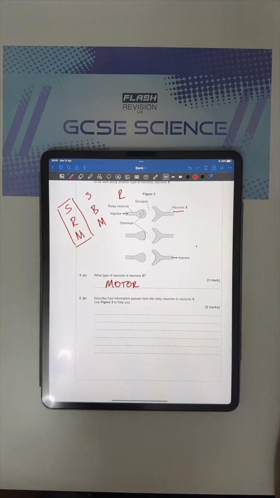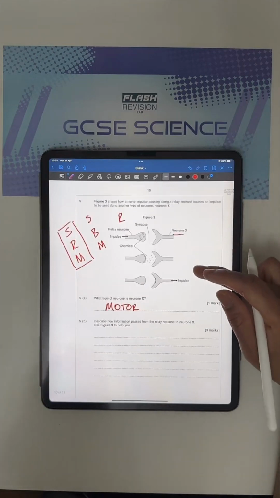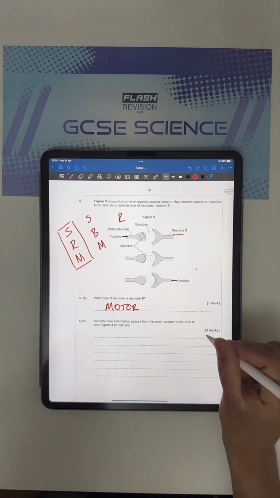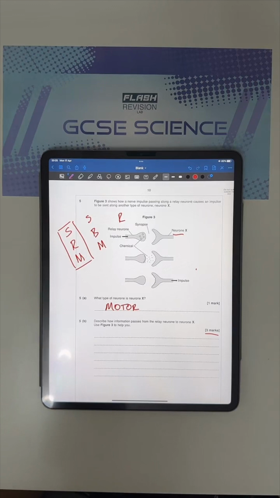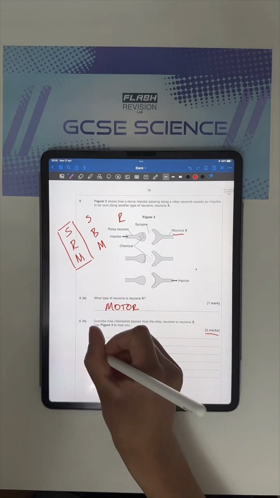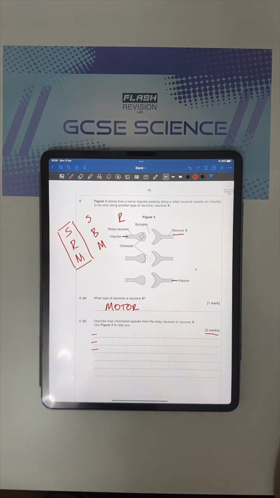All right, describe how information passes from relay neuron to neuron X. Use figure 3 to help you. So this is literally an example of the same question that we did earlier. So it's the same 3 marks. So you can see these questions repeat, and there's only a limited amount of things they can ask you in this topic. So do people remember what the 3 points were? What were the 3 things we need to talk about? So how does it pass across from the relay to the other neuron?